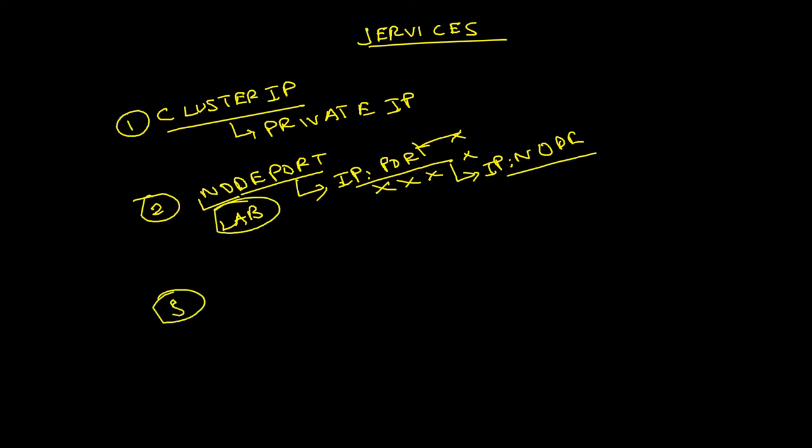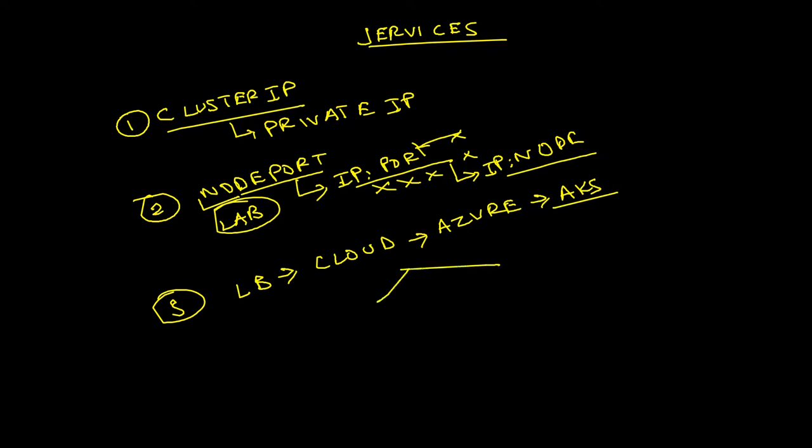Then we have discussed the third type of service called LoadBalancer, which is provided by the cloud platform, I would say our Azure. While creation of our AKS cluster, it is automatically created. So we have created two types of load balancer. One is called public load balancer, and the next one is called private load balancer.